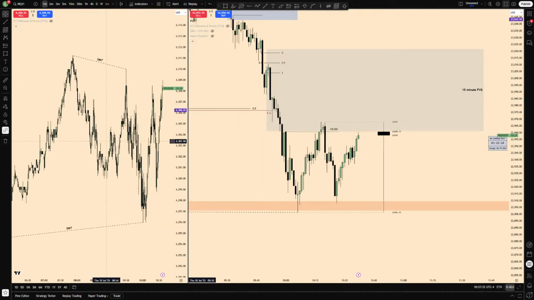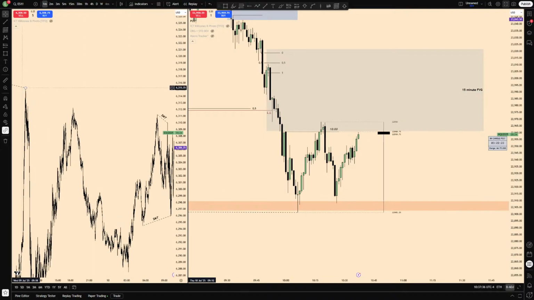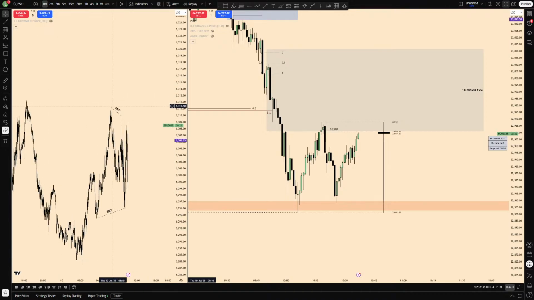Yeah, if ES could run at the high. But look at the highs. Look at this. Lower high, lower high, lower high, lower high.